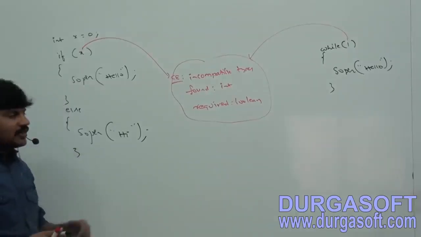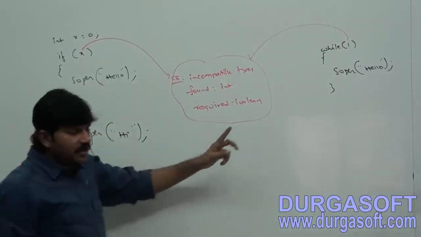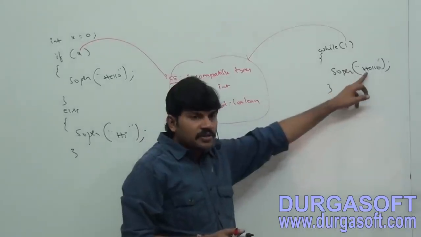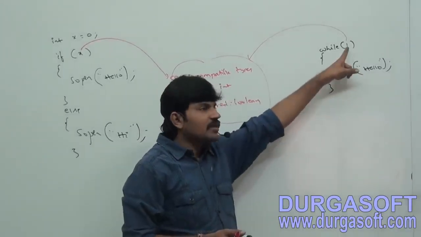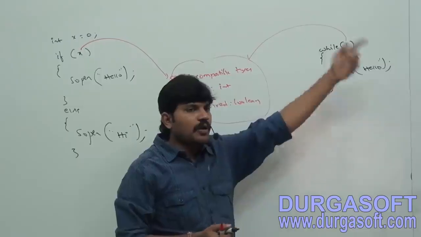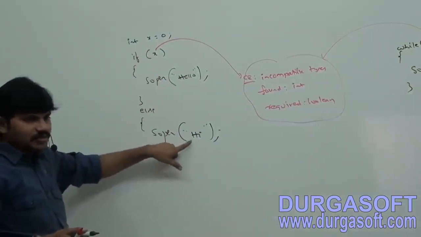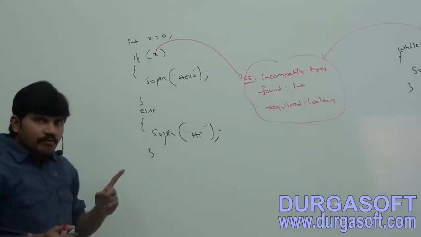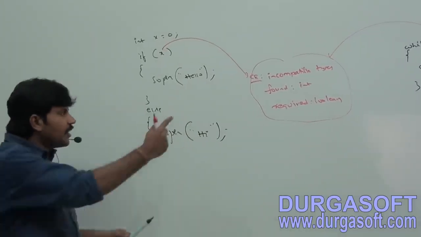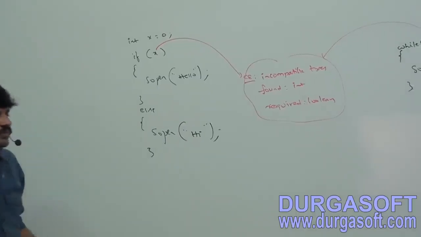In C language both are valid. In C, hello will be printed infinite number of times, because 1 is true, and 0 means false, so if of false, hi is going to print. In C valid, but in Java both are invalid. Take these examples also.